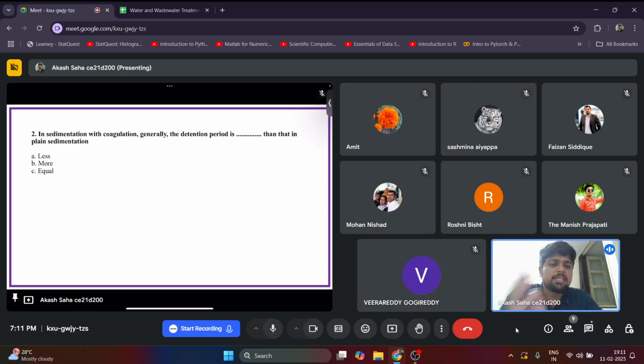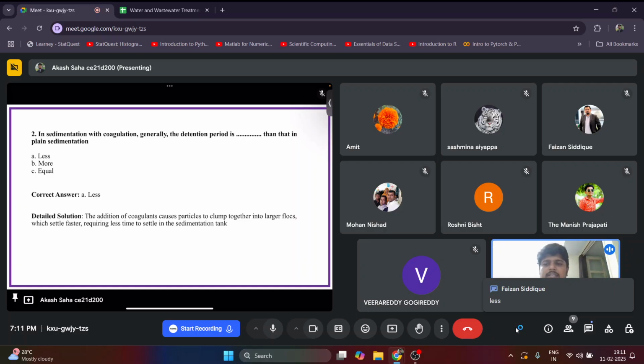Here we are asking about the detention period. Detention period is nothing but the time required for the settling. So if particle settling velocity is increasing, how much time will be required, more or less? Less, right? So definitely the answer is less. The addition of coagulants causes the particles to clump together into larger flocs, which settle faster, requiring less time to settle in the sedimentation tank.